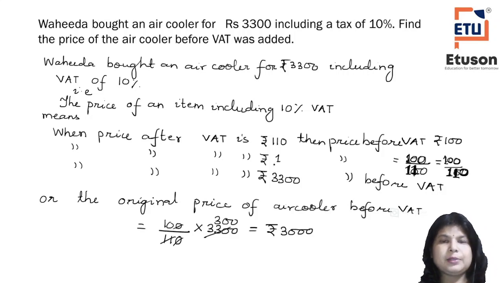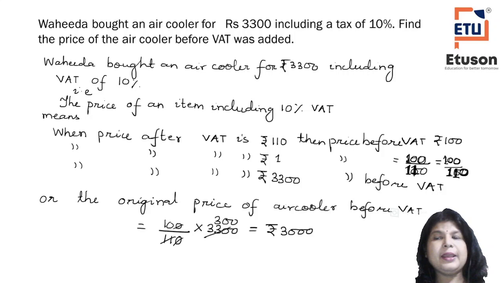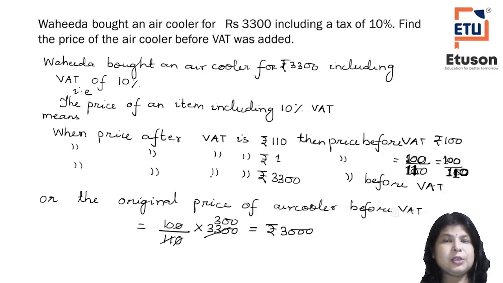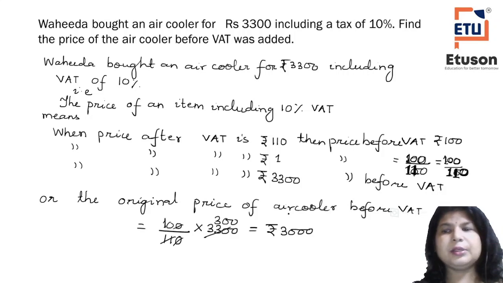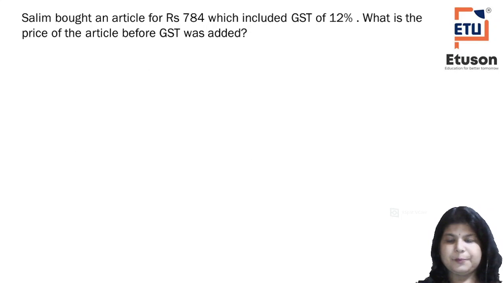When the price after VAT is 1, then the price before VAT will be 100 by 110. So here because the price is 3300, you can just multiply with 3300 and you will get the answer. Correct?